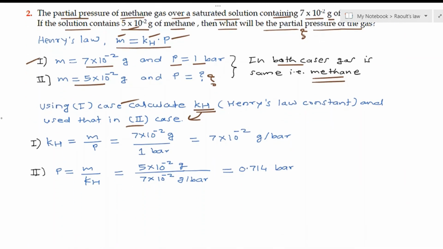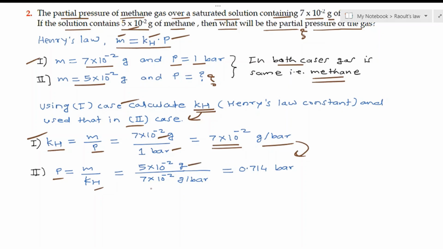So for the first case, Kh is equal to m upon P. Put the value of mass and the value of pressure, and you will get Henry's law constant 7 into 10 to the power minus 2 gram per bar. Use this in the second case for calculation of partial pressure. P is equal to m upon Kh.